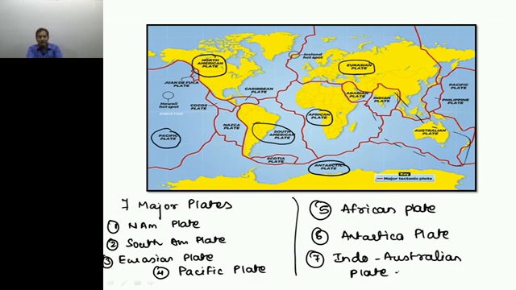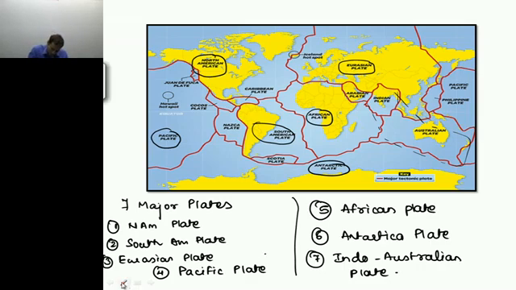Now some of the plates are not major plates, they are known as minor plates. You should remember the names of the 7 major plates because you may get a question in the preliminary examination asking you to choose the odd one out, or giving an option of which of the following comes in the major plate category, which comes in the minor plate category.